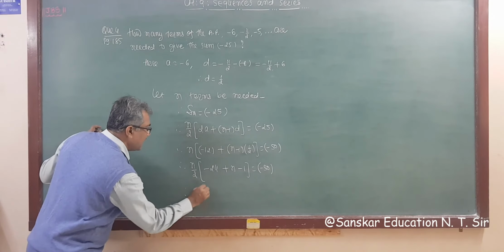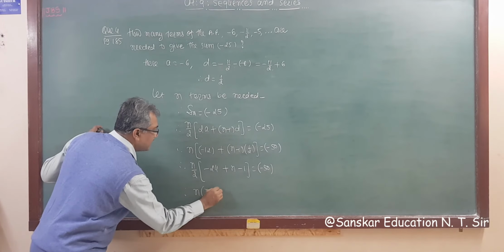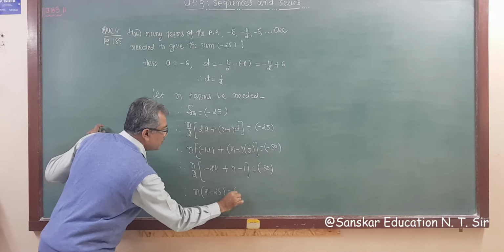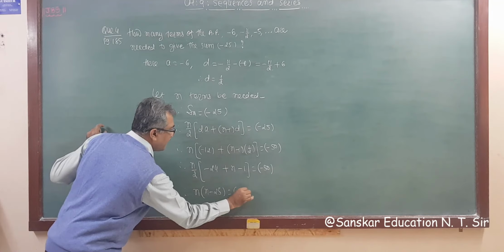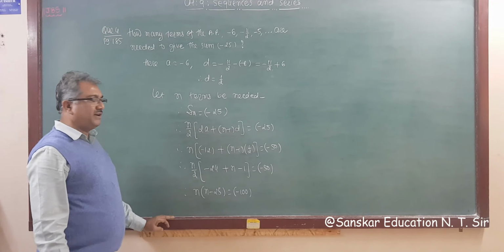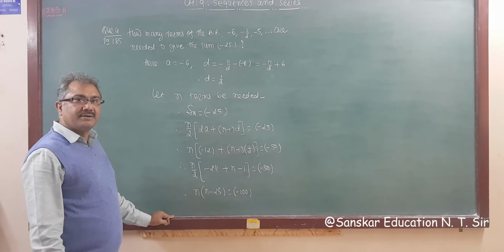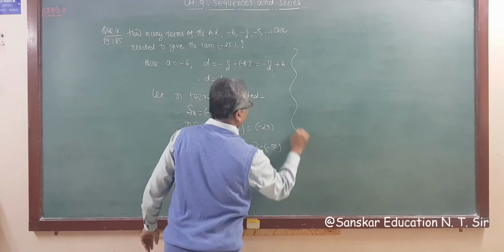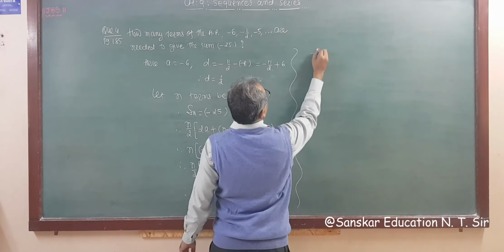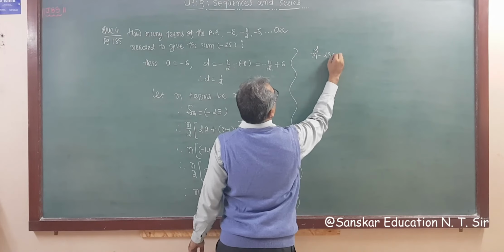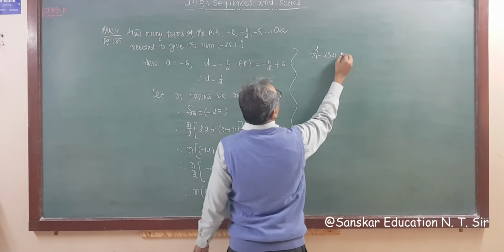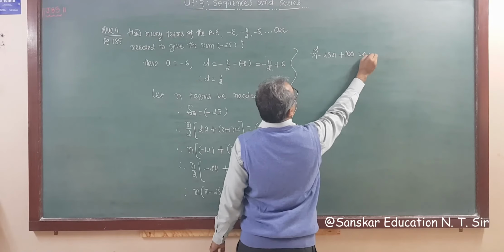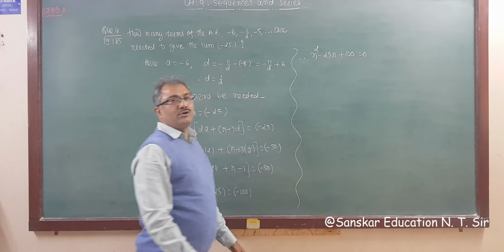So this is n into n minus 25 is equal to minus 100. Okay, so multiplying this, what do we get? We get n square minus 25n plus 100 is equal to 0.